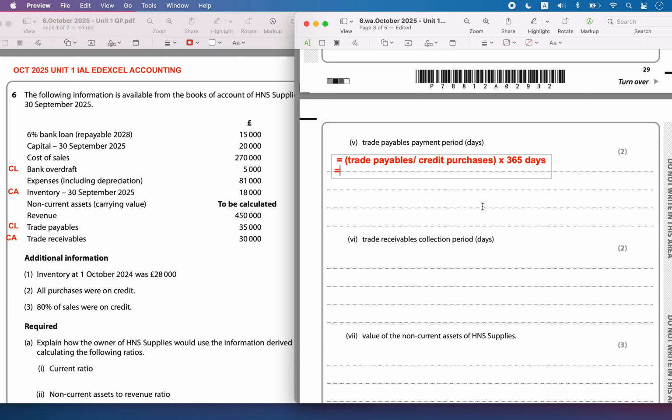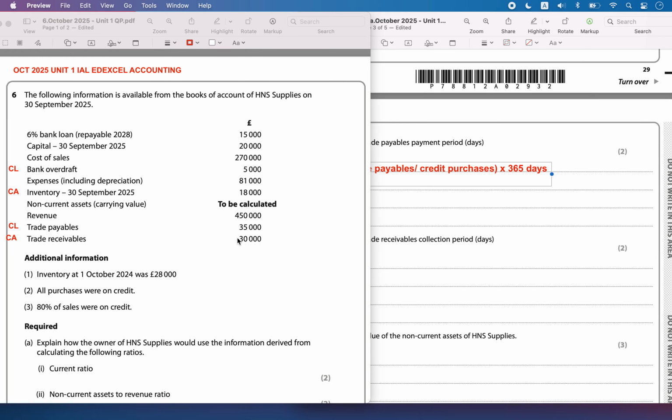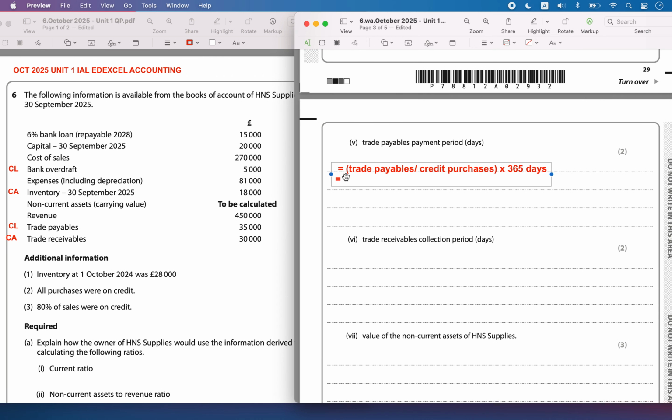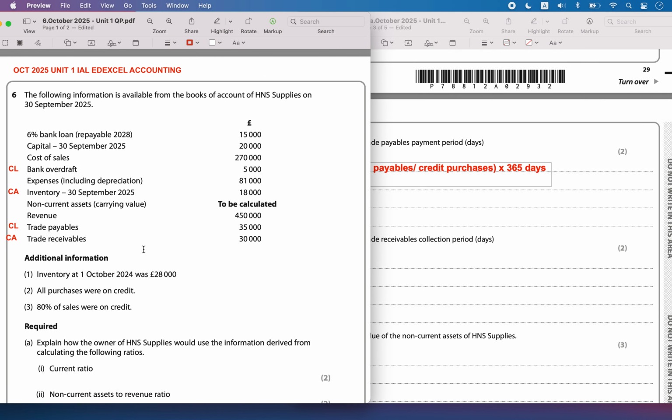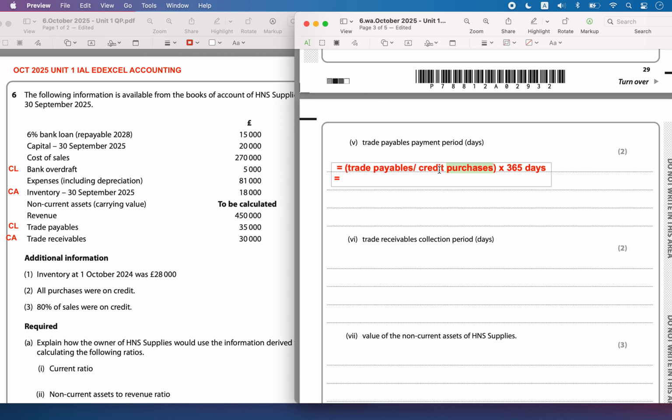So you will have to multiply by that many number of days. So what is the trade payables? Trade payables is 35,000.